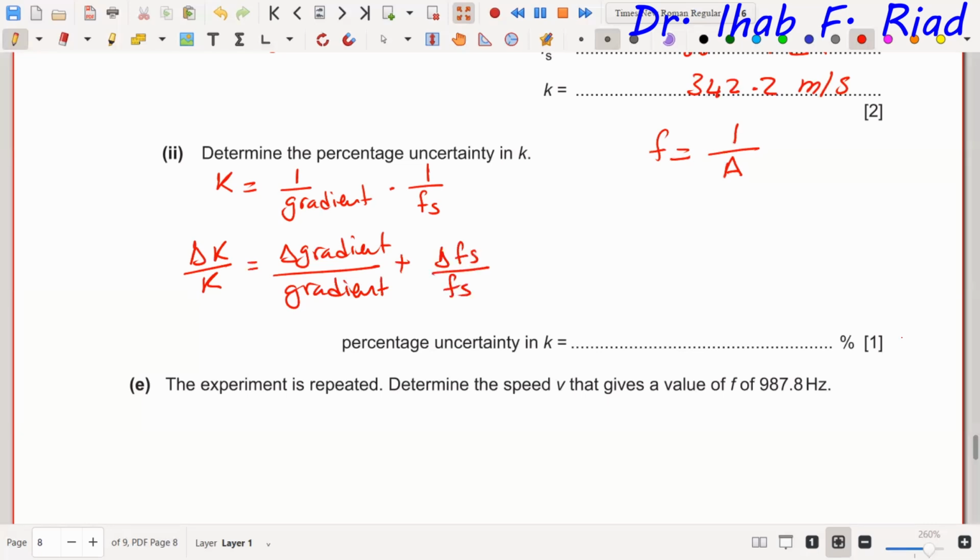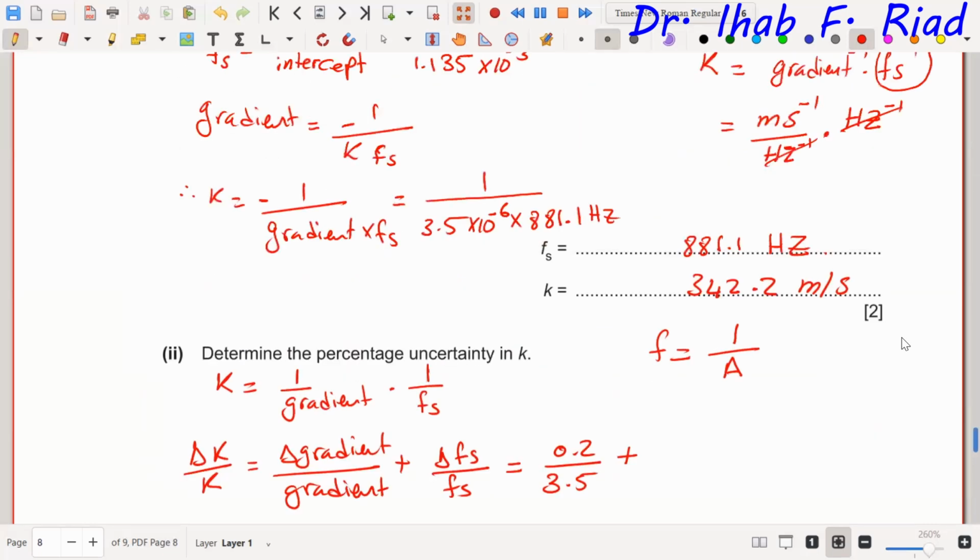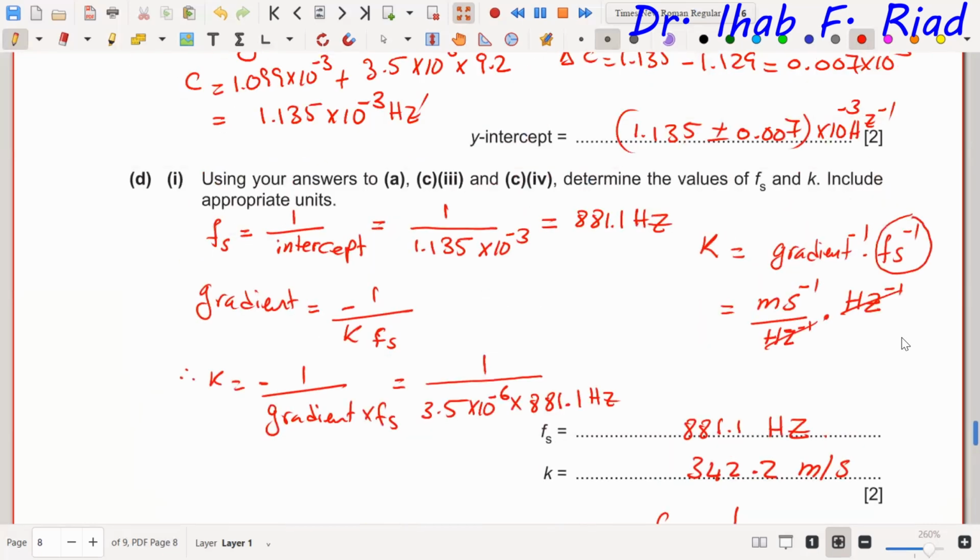Do we know what is the error in the gradient? Yes, we do. The error in the gradient is 0.2, right? And what is the gradient? 3.5. And what is the error in Fs? We don't know it. We should know it from somewhere.